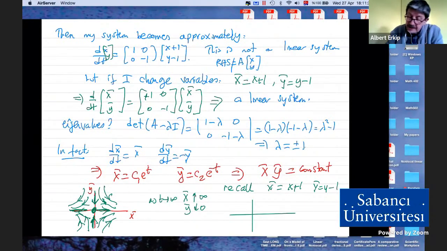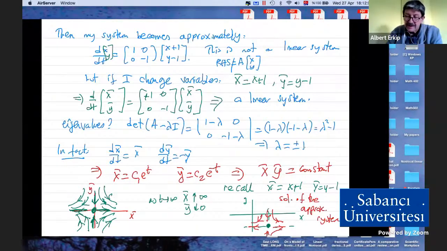So this is x and y. Now the fixed point is here, minus 1, 1. These are the two fixed axes. And the hyperbolas are like this. Okay. But this is the solution of the approximate system.